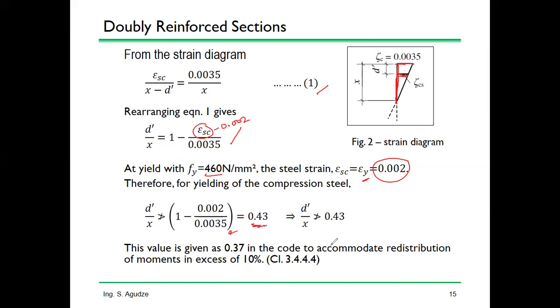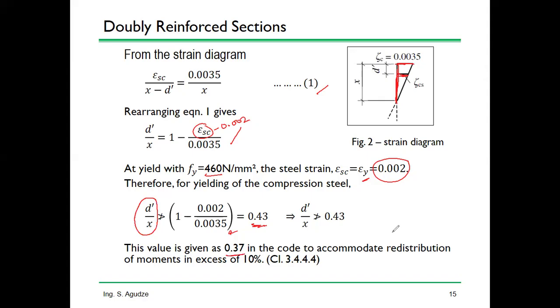So to ensure the compression reinforcement yields, in order to have a ductile failure, in order to have an under reinforced section, the code makes certain provisions to ensure that the section you design falls in the category of under reinforced sections. When you check this factor, the code is saying it should not exceed this.